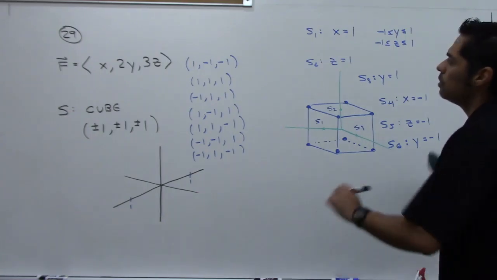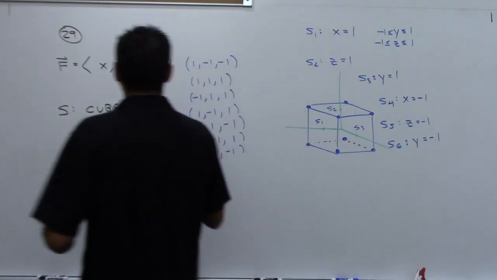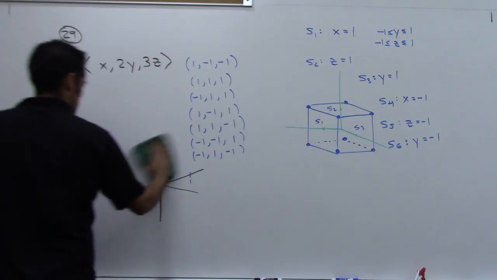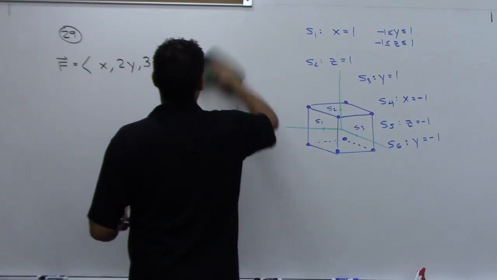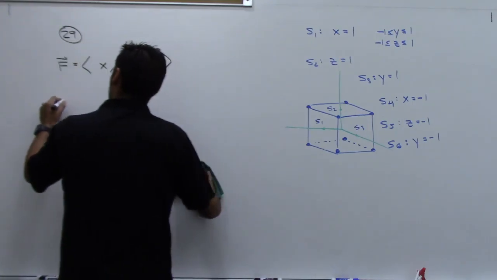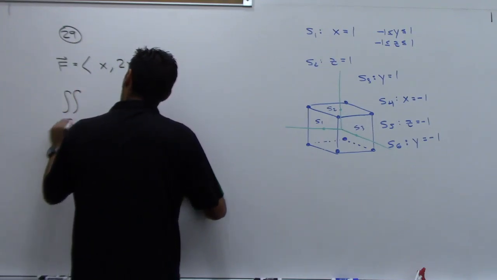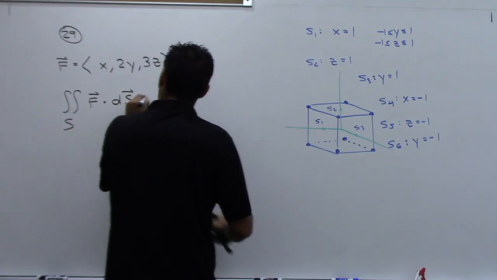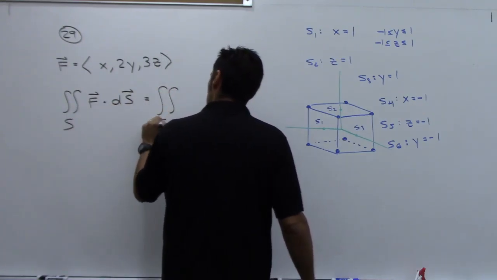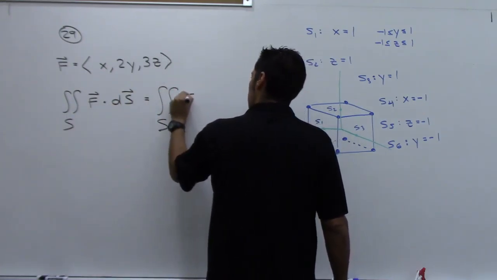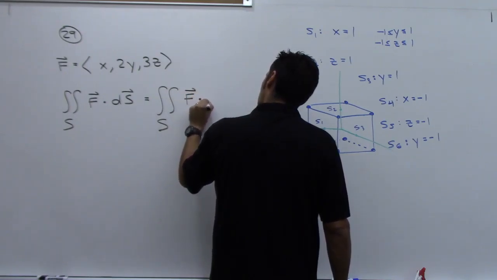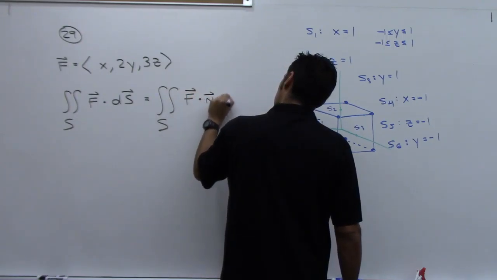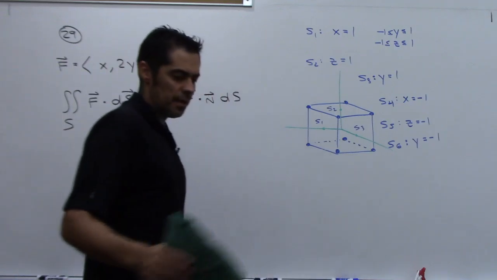Let me do it here. Trying to figure out what the surface integral over S of F dot dS is, but there's an equivalent double integral of F dot n dS, where S is the surface area, right?